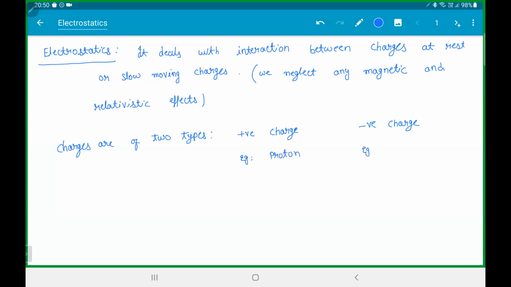An example of a negative charge is an electron. Now, why is the electron a negative charge? Someone just named it. There is no logic behind it. Ideally speaking, if the electron had been positive, your life would have been easy. Because by the definition of current, the flow of positive charge is called current. So initially people thought the flow of positive charge is called current, but someone named the electron negative. So when electrons are actually going this way, the current is actually going in the opposite direction. It is a little messed up.